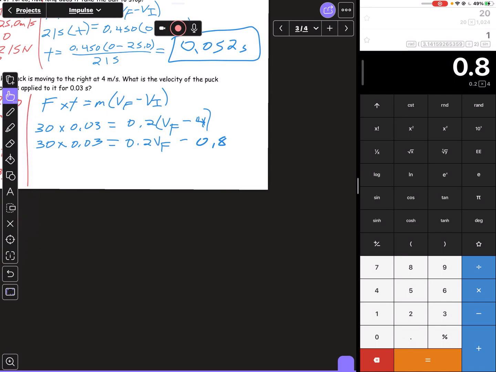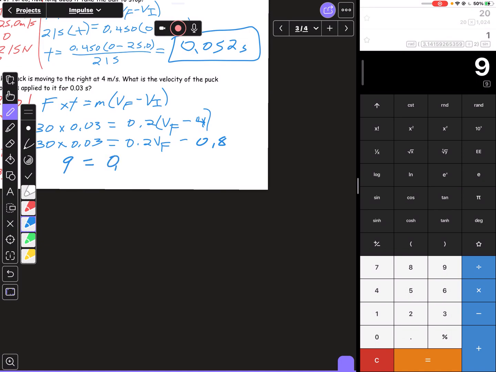And if I clean this up a little bit, on the left side that would be 30 times 0.3, which would be 9. 9 equals 0.2 vf minus 0.8. I want to add 0.8 to both sides.